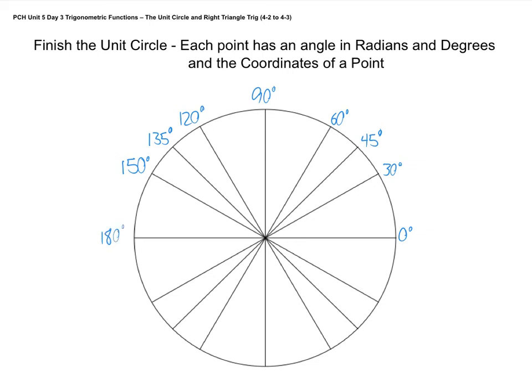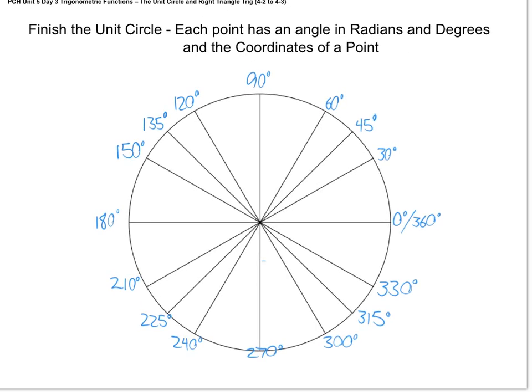This next one is 210, then 225, 240, 270, 300, 315, 330, and then that one is common sense, 360. So you already know all the angles.